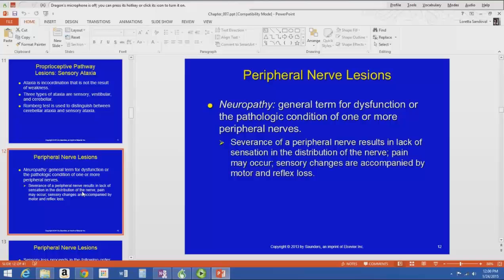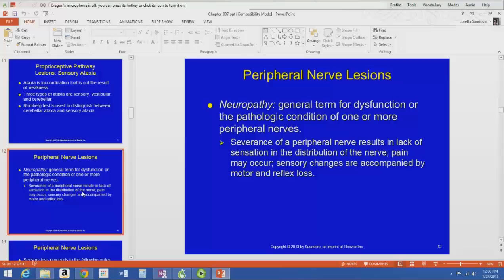You could have a severance of a peripheral nerve, and it results in lack of sensation in that nerve distribution. On that same chart in Chapter 6, which shows the dermatome on one half of the body, it shows the peripheral nerve distribution on the other half of the body. So when you have severance of a peripheral nerve, you will get lack of sensation in a peripheral nerve distribution rather than in a dermatomal distribution.